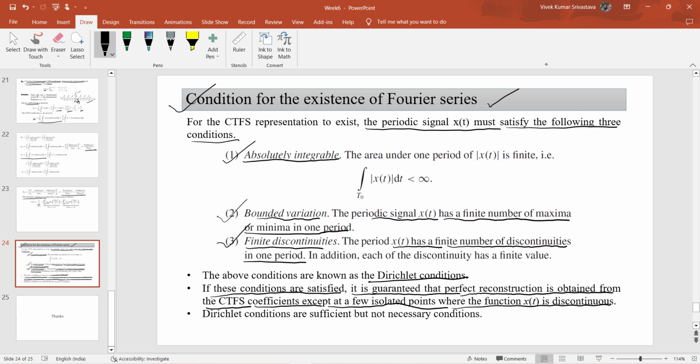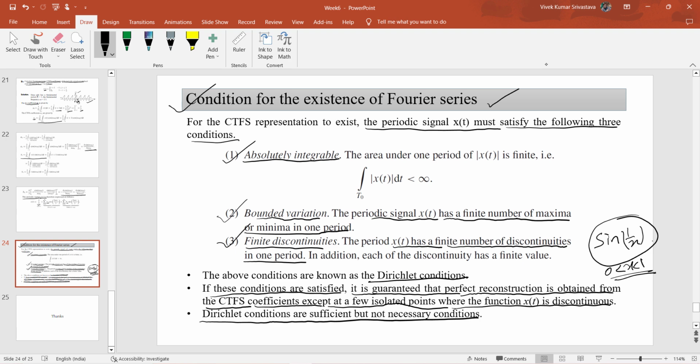One more important thing is that these conditions are sufficient but not necessary conditions. There are some signals, like sine of 1 over x in the range x from 0 to 1, where even though the function satisfies absolute integrability, bounded variation and finite discontinuities, the Fourier series will not exist.